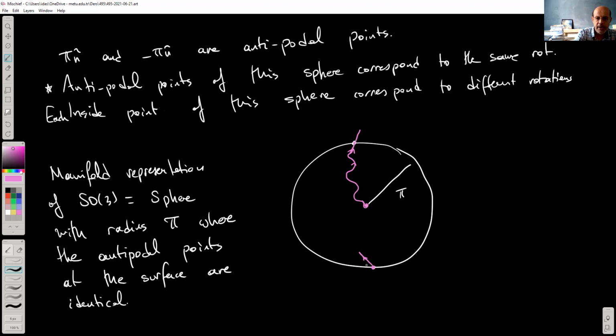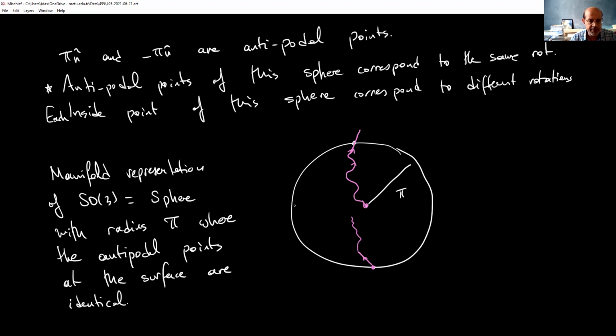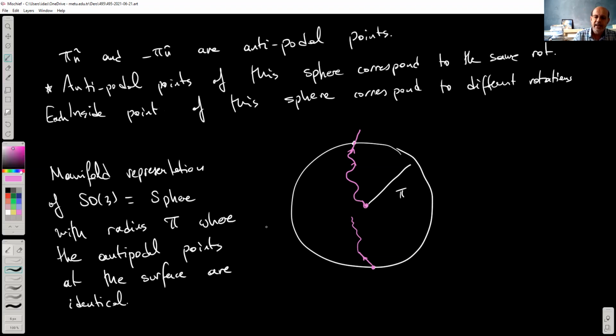Okay. So this is a little bit complicated picture in here, right? In any case, that property is very important for the structure of the group SO3, because somehow it is related to something.